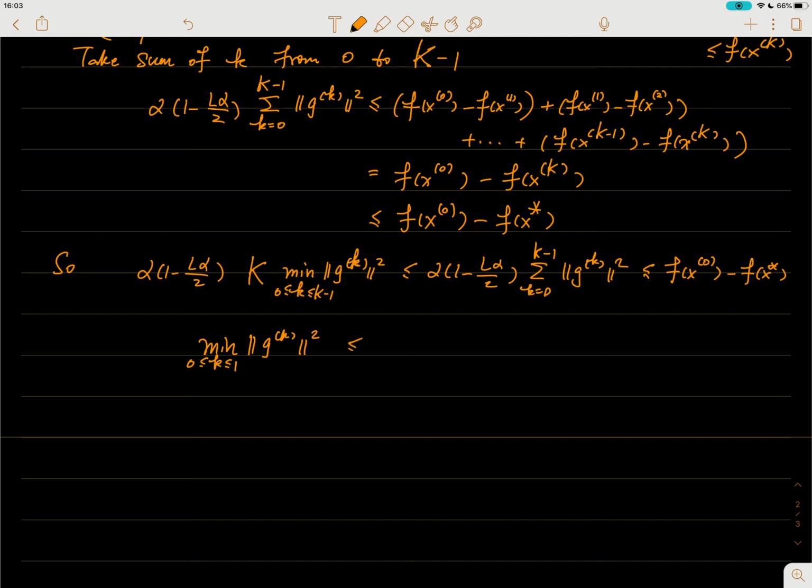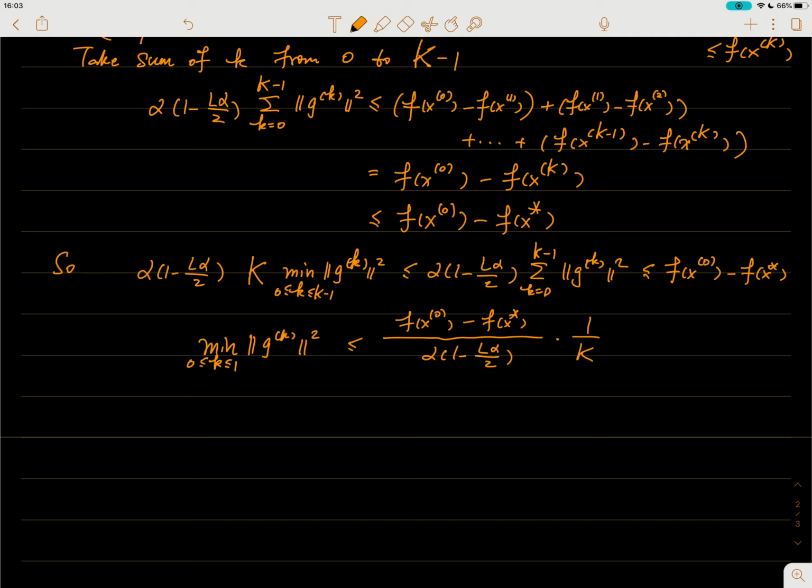This is less than or equal to f of x0 minus f of x star, divided by, I put a constant at first, so it's alpha times (1 minus L alpha over 2), and then K, 1 over K. Okay, so this is very informative.